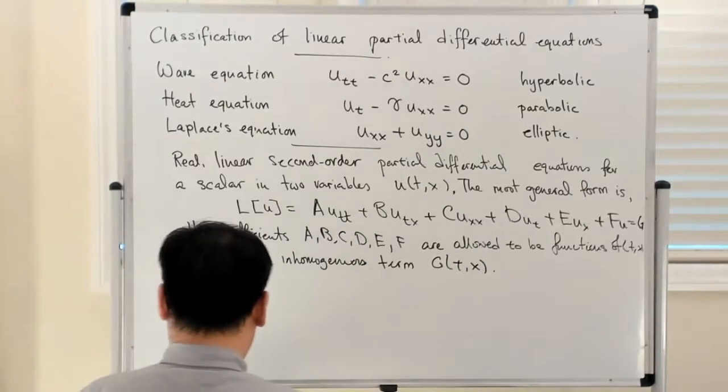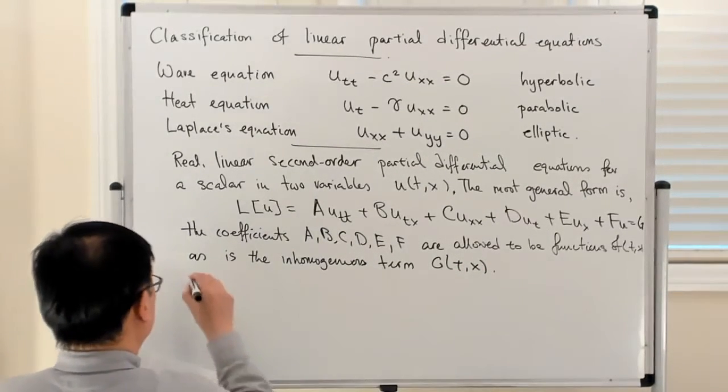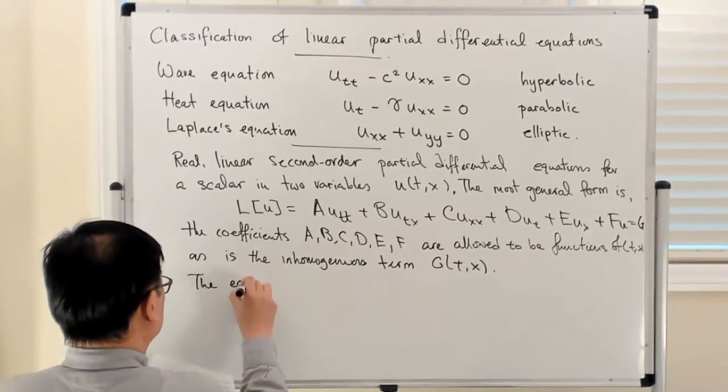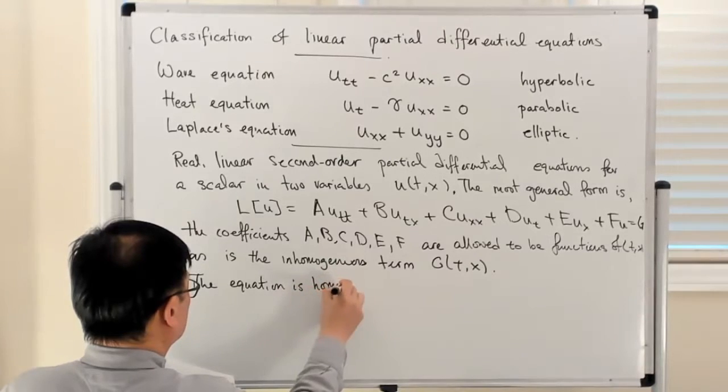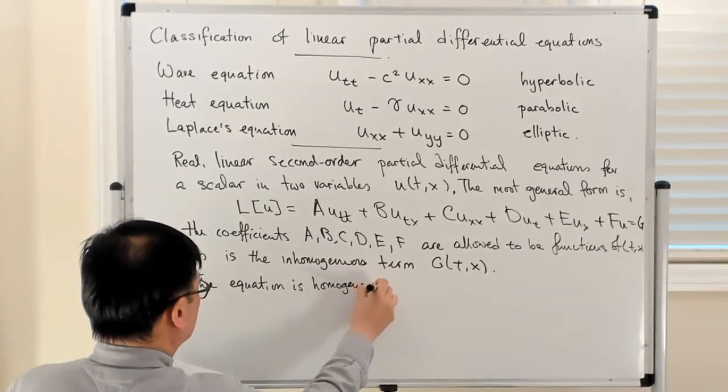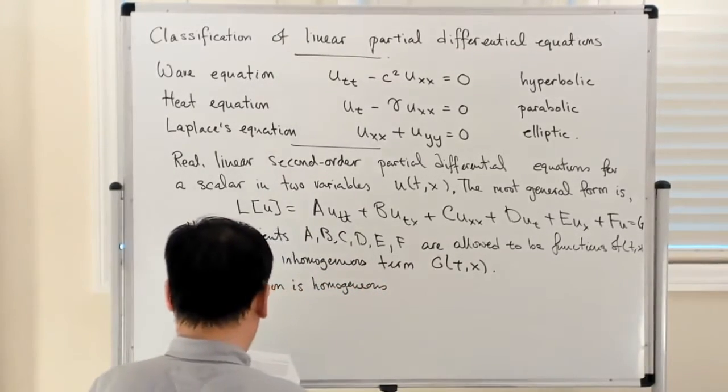So the equation is homogeneous if g is identically 0.